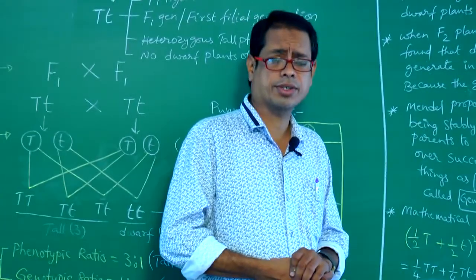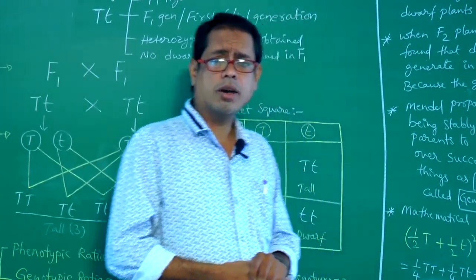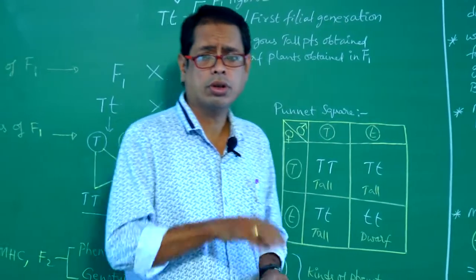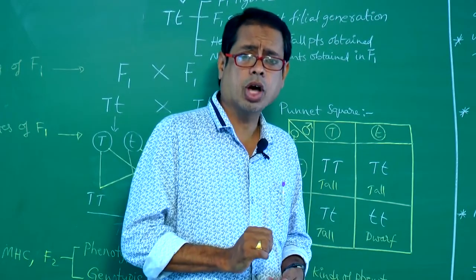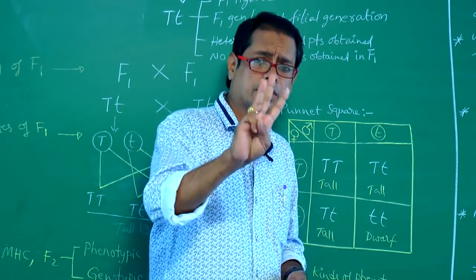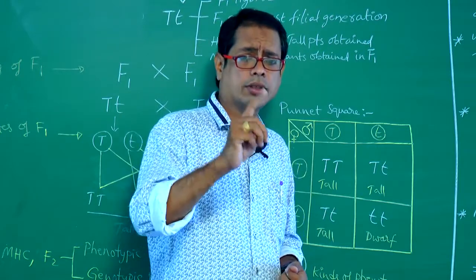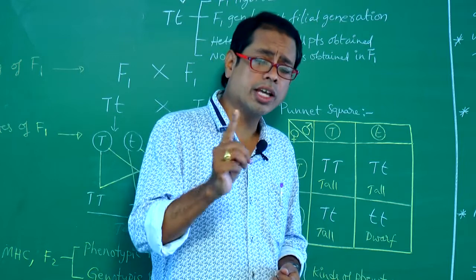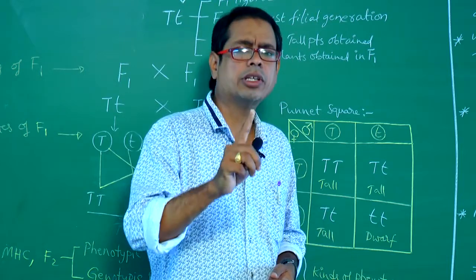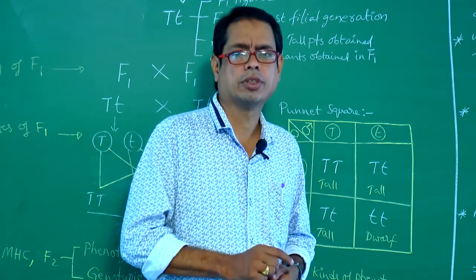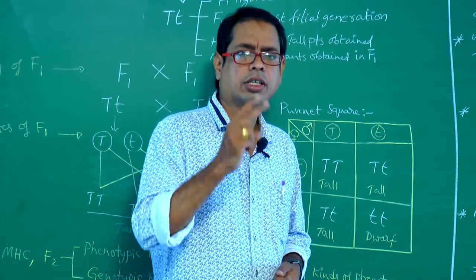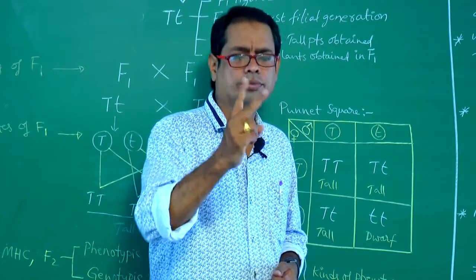Later we will discuss. Number of individuals obtained in F2: 4. Tall plants: out of 4, 3. Number of dwarf plants: 1. Number of homozygous tall: 1. Homozygous tall means capital T capital T. Heterozygous tall, capital T small t: 2.